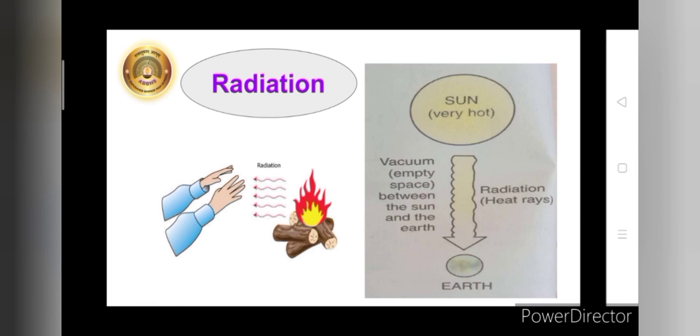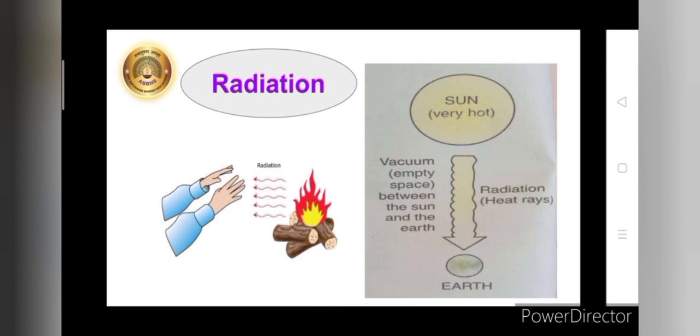Have you warmed yourself near a bonfire in winter? This heat is transferred to your body by the process of radiation. Similarly, heat from the sun reaches the earth by the process of radiation. There is mainly empty space, or we can say vacuum, between the sun and the earth.